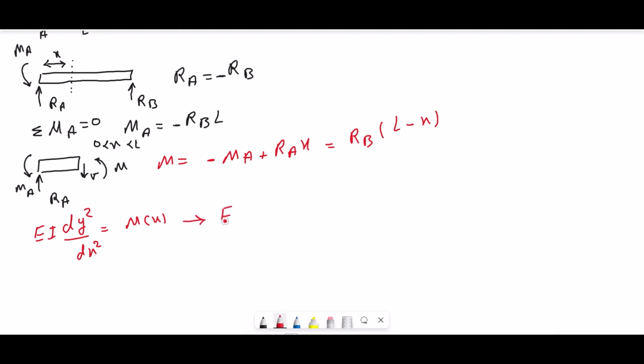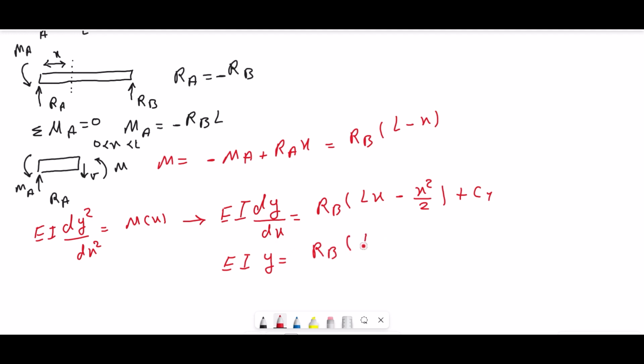In order to find the deflection, we have to integrate this equation 2 times. The first time, we see that the derivative of y relative to x is equal to R of B times (Lx minus x to power 2 divided by 2) plus C1, which is our integration constant. And if we integrate once more, we see that y is equal to R of B times (Lx to power 2 divided by 2 minus x to power 3 divided by 6) plus C1x plus C2.